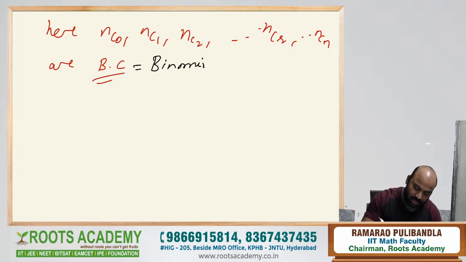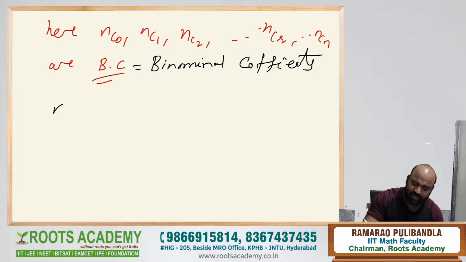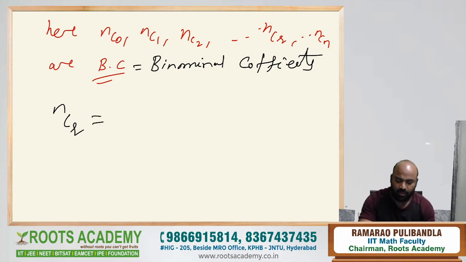Can you please give me the value of 5C2, students? Quickly give me the values of the following by using your nCr formula: 5C0, 5C1, 5C2, 5C3, 5C4, and 5C5. And what is your observation?